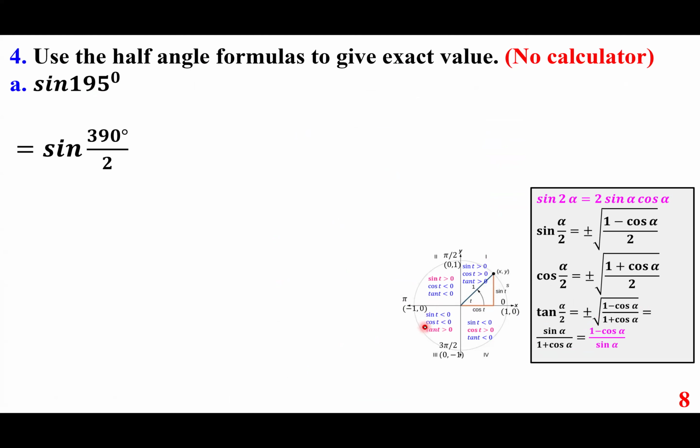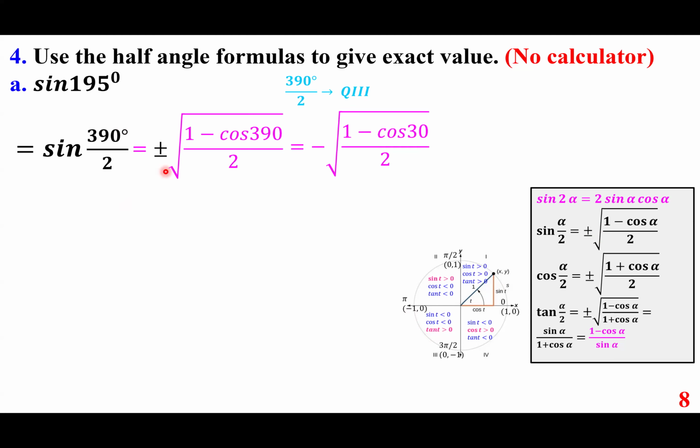It's in the third quadrant, and it's important to understand what happens in the third quadrant. First of all, we are going to use this formula, plus minus the square root of 1 minus cosine of alpha, which is 390, divided by 2. But now we're going to emphasize this is quadrant 3. In quadrant 3, sine is negative. That's how you choose the sign based on the quadrant. So negative.